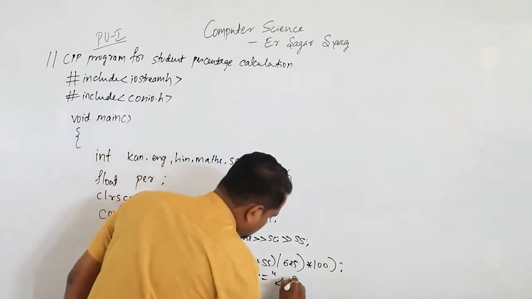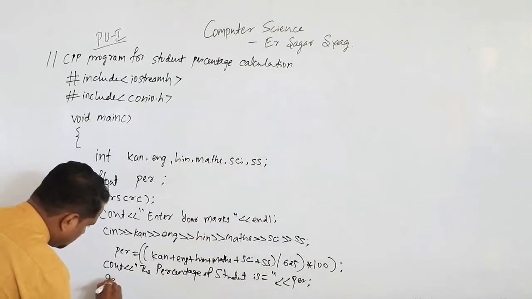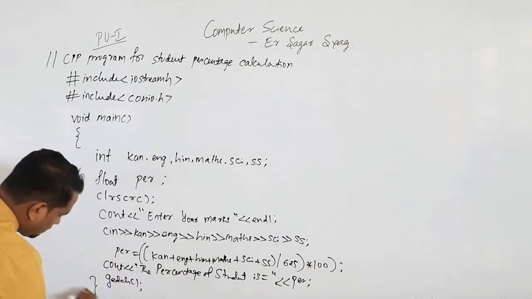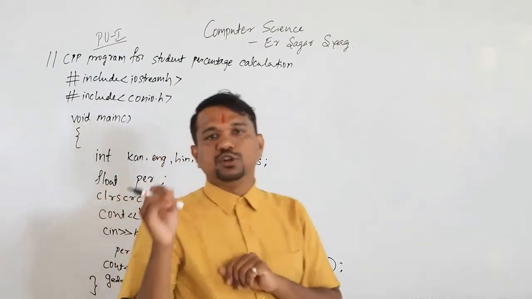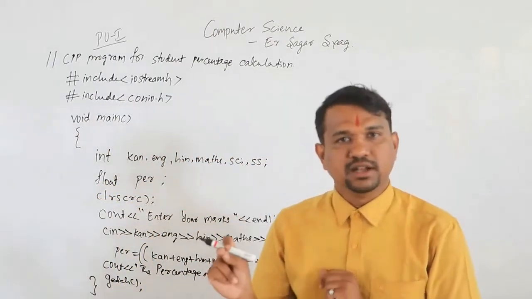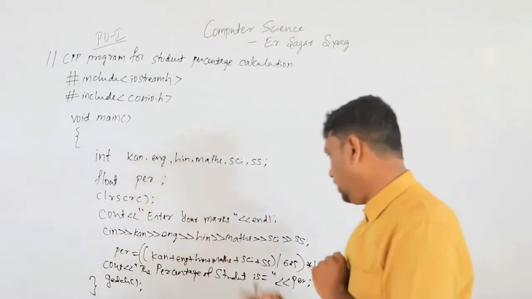So next, PR addressing I have used. Next getch, close. This is a program to calculate percentage of the marks scored by the student.